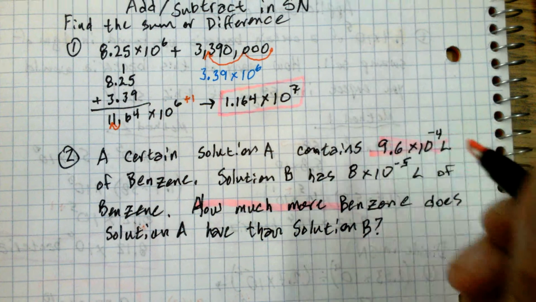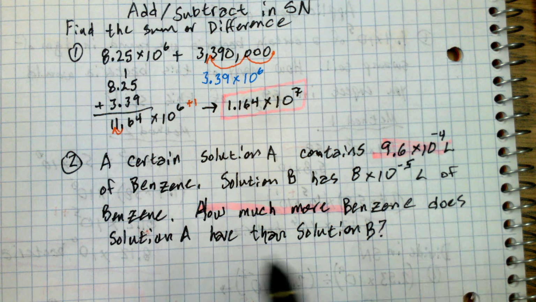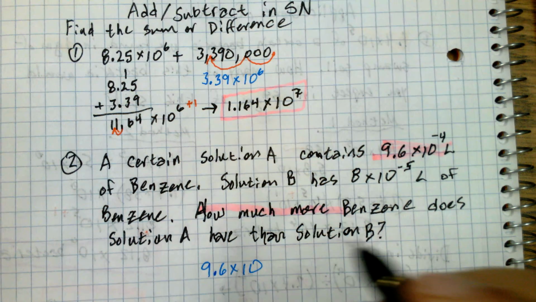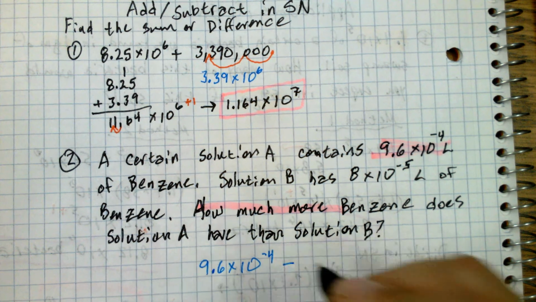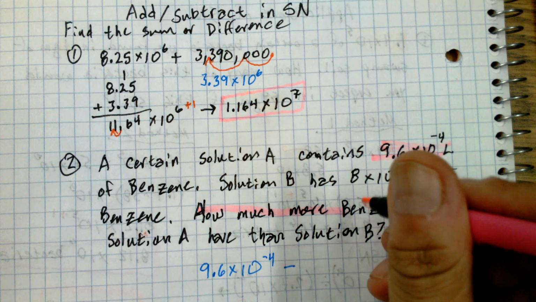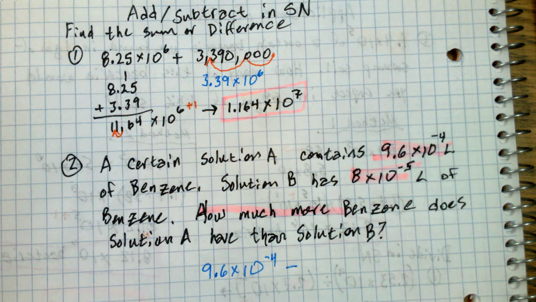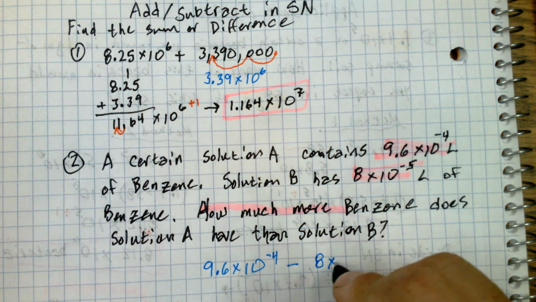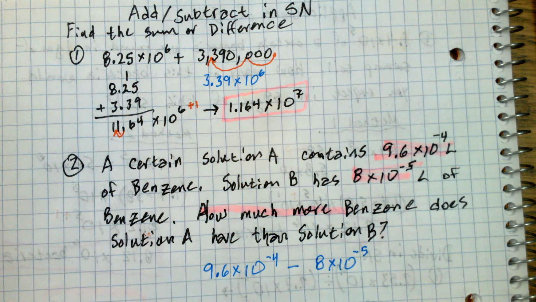That's a larger amount, right? 9 points, so that's 9.6 times 10 to the negative 4. And we're going to subtract 8 times 10 to the negative 5.